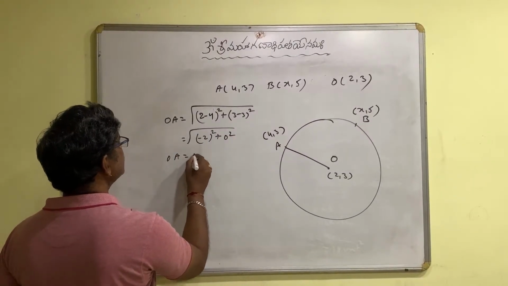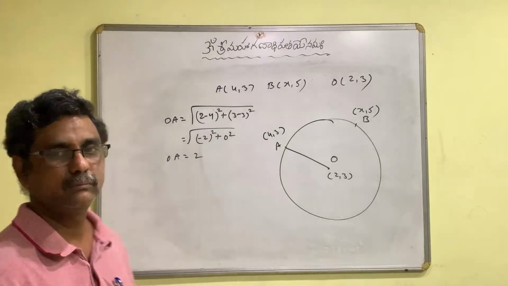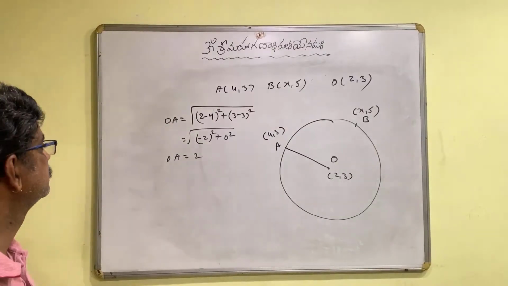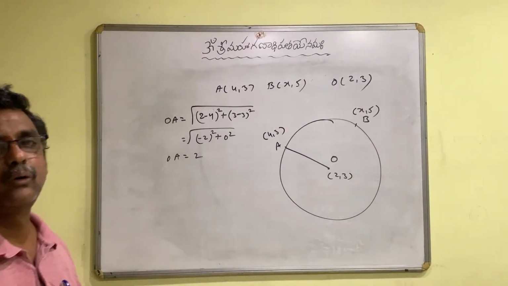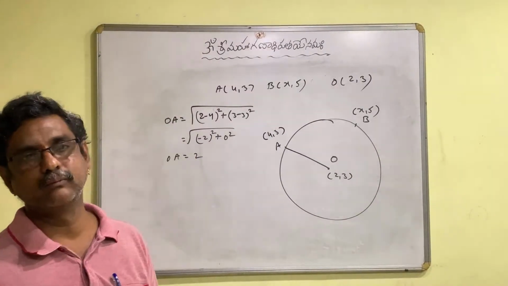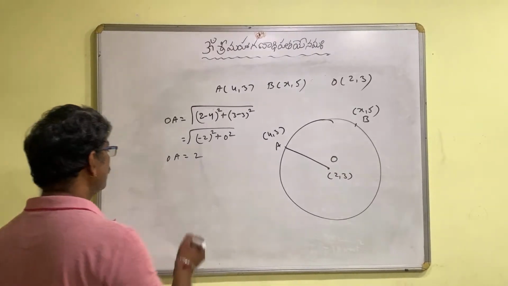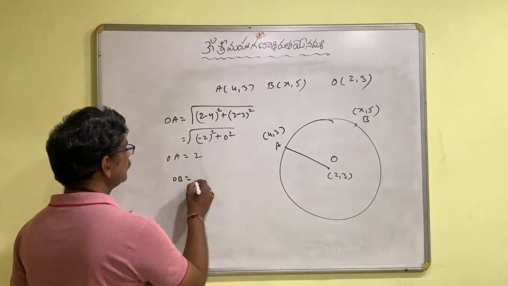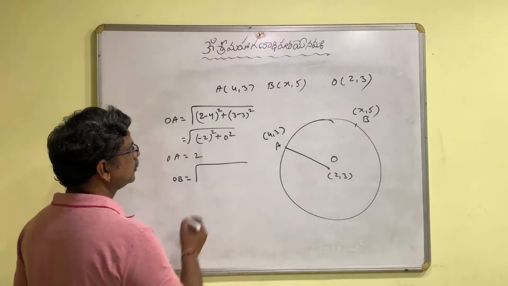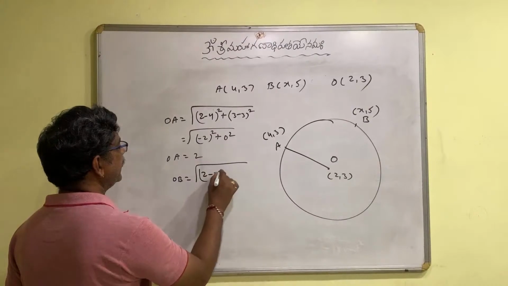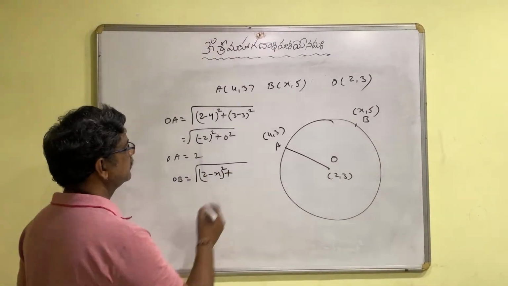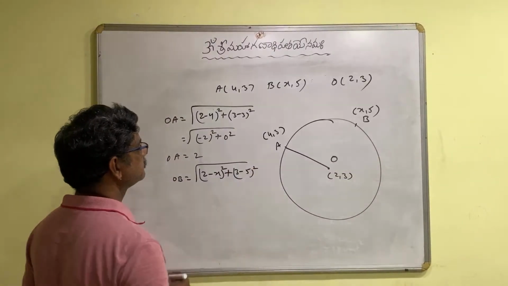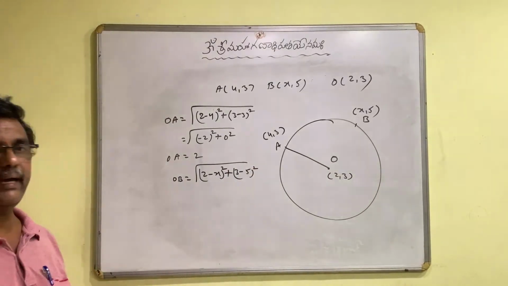So OA is 2, because 2 square is 4, root over 4 is 2. Now find out OB. Root over (2 minus x) whole square plus (3 minus 5) whole square.